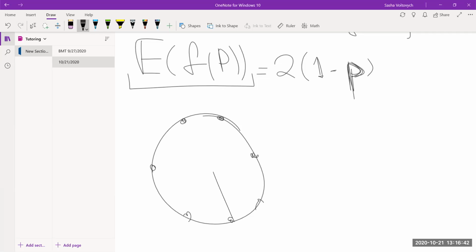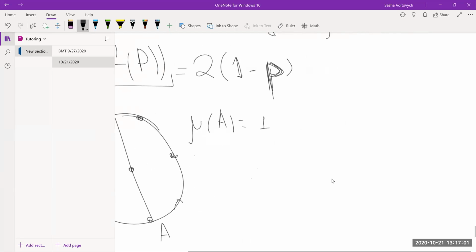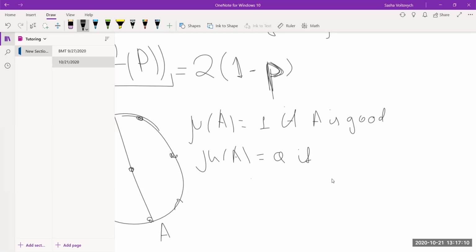So if we draw an arbitrary diameter, it is either good or bad. So through point A, let's call mu of A equal to 1 if A is good, and mu of A is equal to 0 if A is bad, meaning the diameter through A is bad.